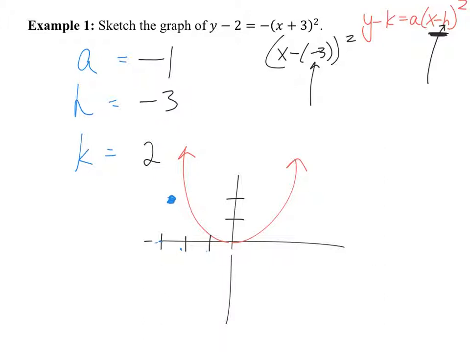Is that all I need? What other information can I utilize? Well? It opens down. Is it going to be wider or steeper than the parent function? Steeper? Yeah? Careful. If it was a number like 1.1 or 1.2 or 1.3, anything bigger than 1 is definitely steeper.